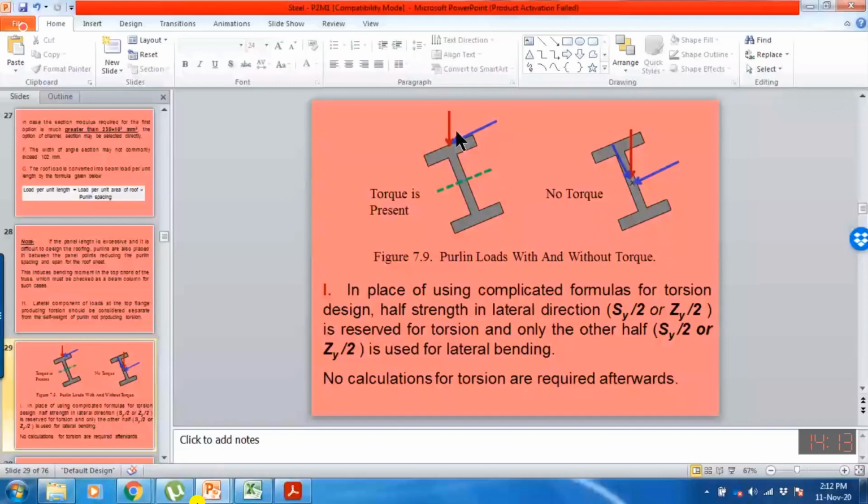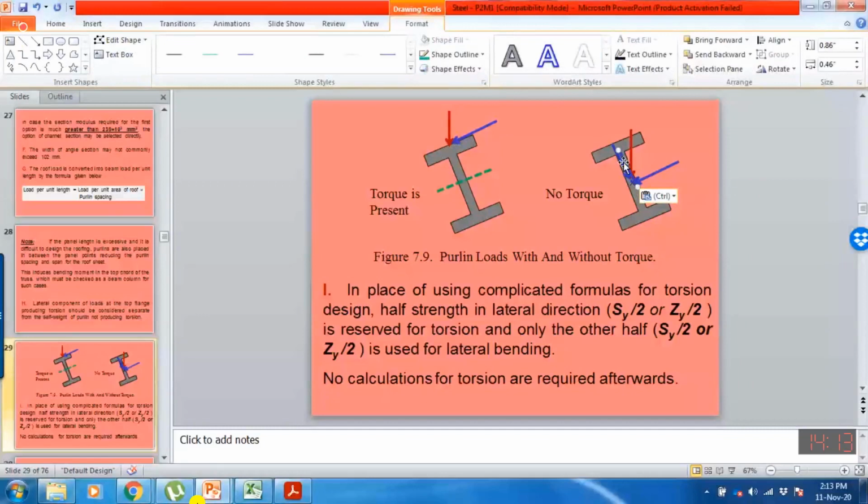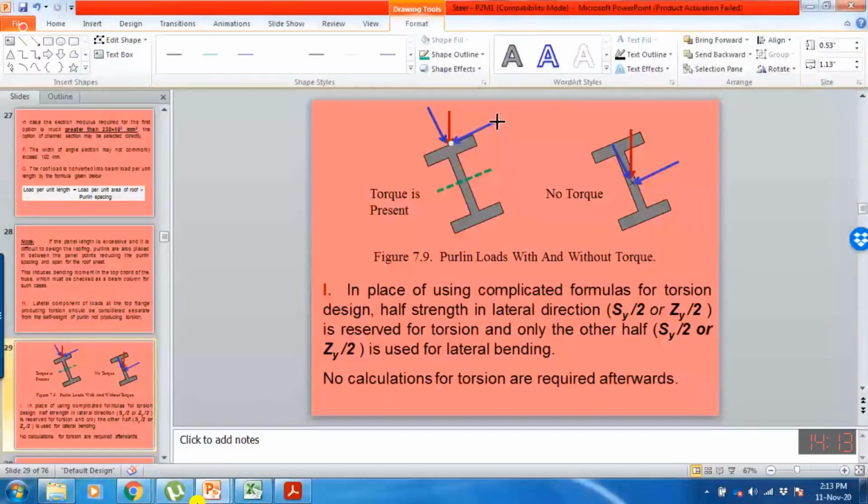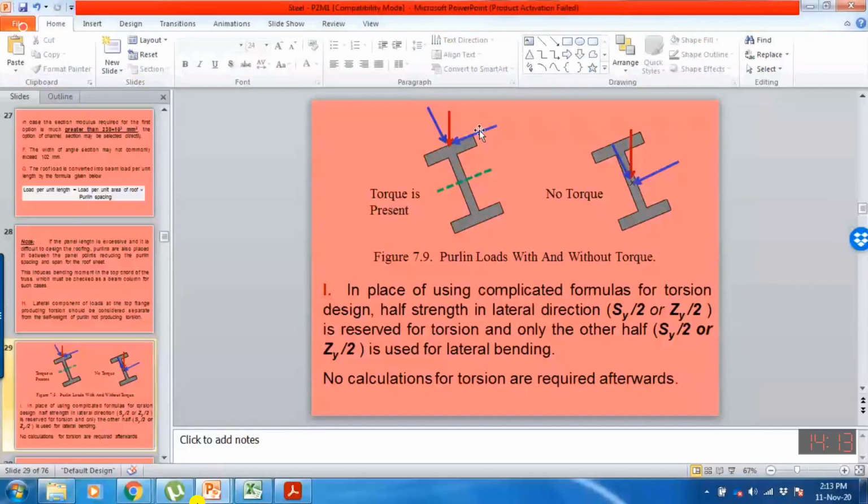Let me write here. This component of the load, if I transfer it here, tends to produce bending. The load component which is acting in the x direction will produce bending about the y-axis, so bending stresses and bending moment about the y-axis.